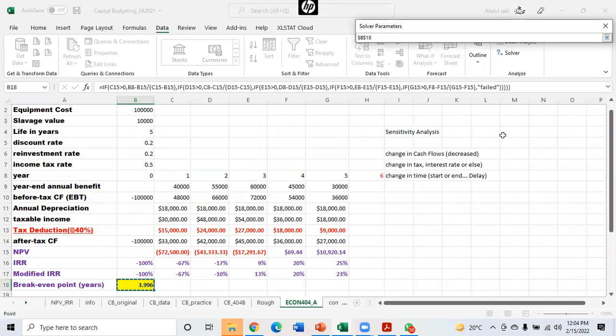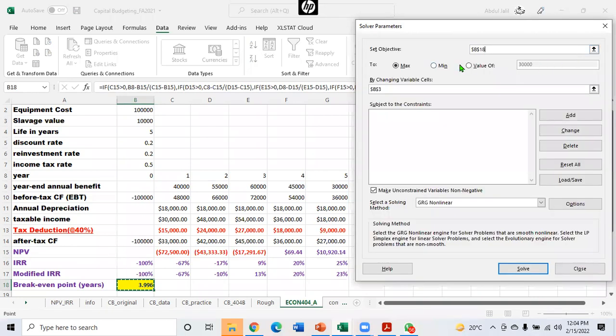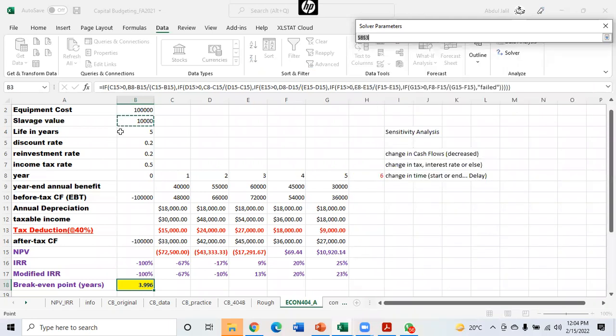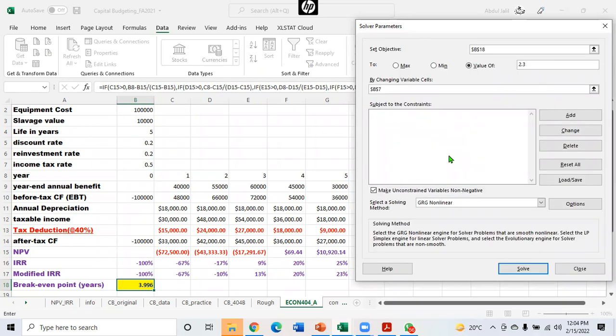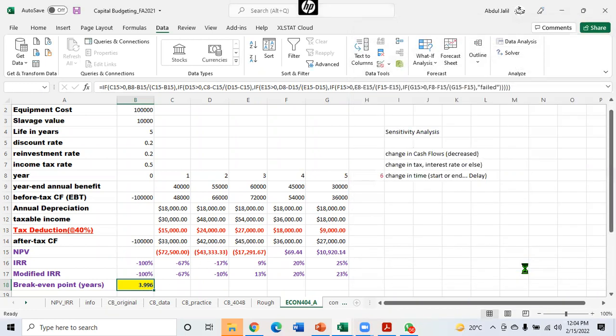I just pick this one, make its value 2.5, or 2.3, let's suppose, and where we need the change in tax rate. How much change in tax rate will cause 2.3 time period for break even?